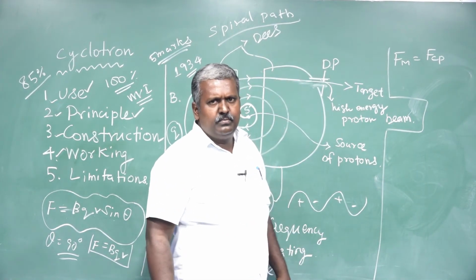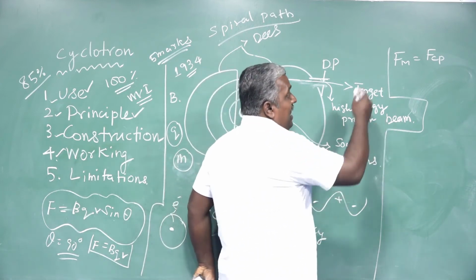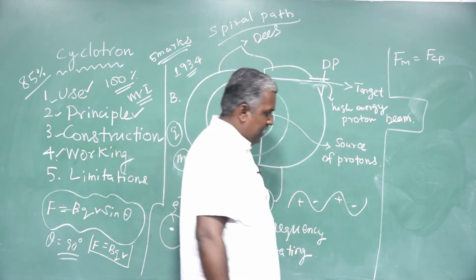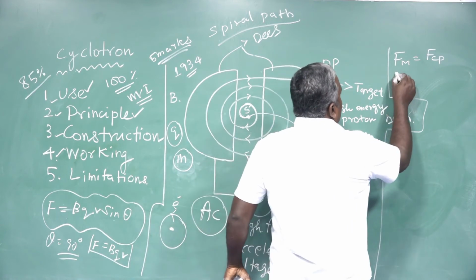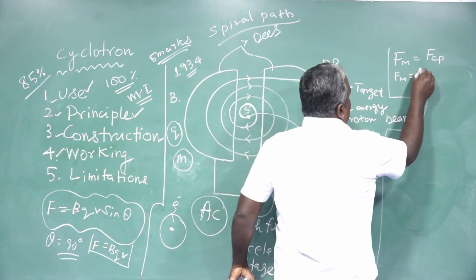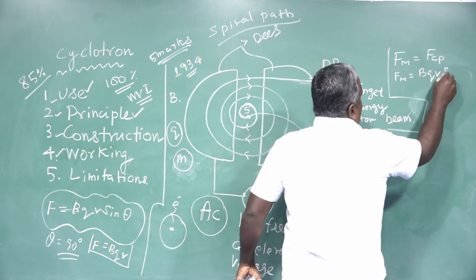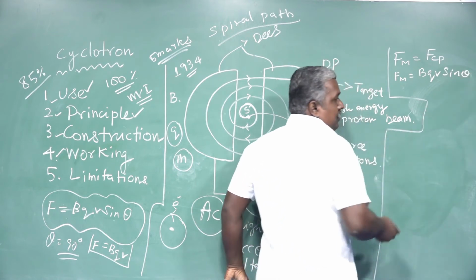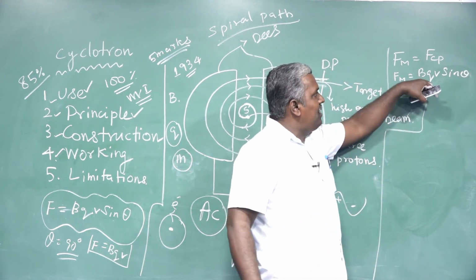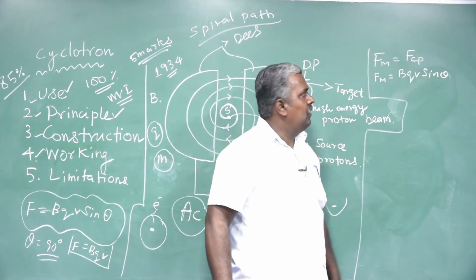What is the magnitude of the magnetic Lorentz force? See here. F is equal to BQV sin theta. I already told you about these terms: B, Q, V and theta.